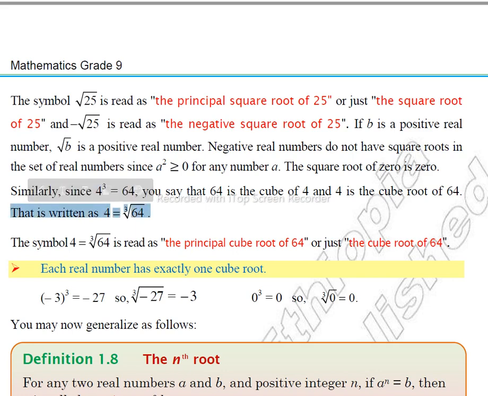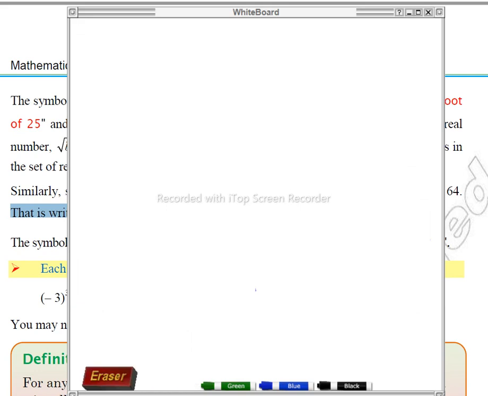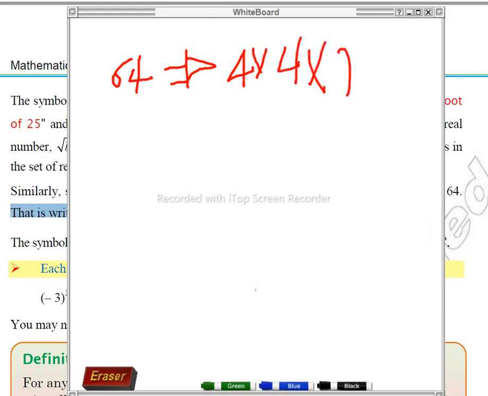You can write any number with its root. For example, if you take 64, you can say that it is 4 times 4 times 4, so you can rewrite 64 like this.